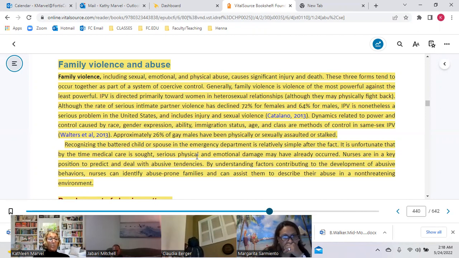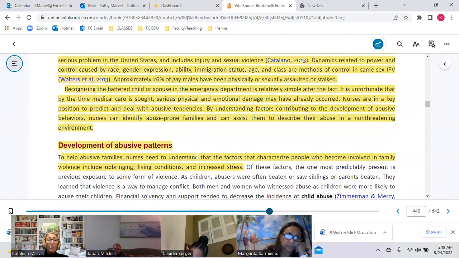So nurses, we need to be able to understand what factors may be contributing to it. We need to be able to identify what they call abuse-prone families. I had to do that all the time in the schools. There were certain criteria that needed to be met, but we did that with families of kids that were coming in with bruises and injuries.